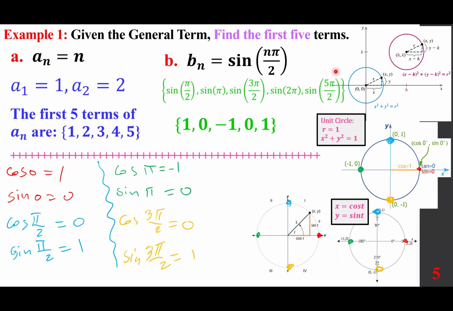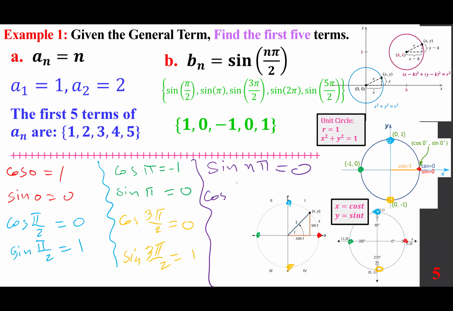A couple of things I want to add. In general, sine of n pi is 0. That means for multiples of pi, the sine value is 0.